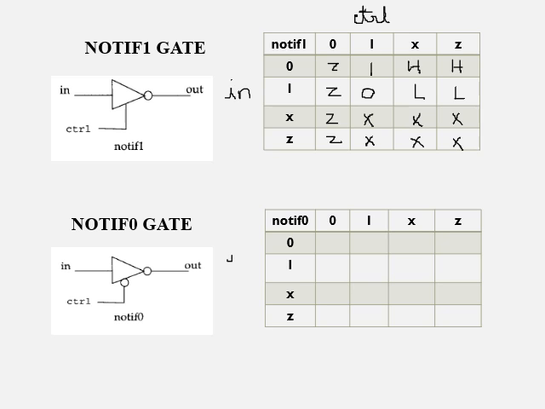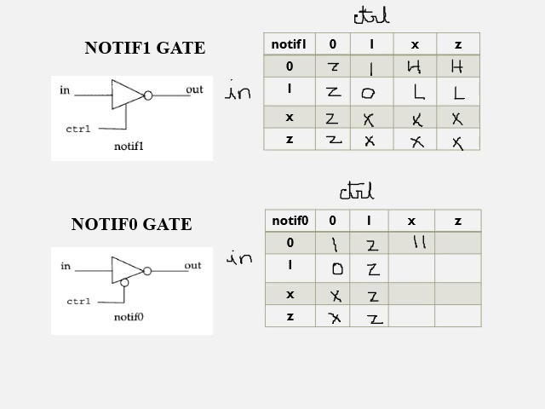For notif0, this is active when the control signal is 0. So when the control signal is 0, you will get the inverted values, and when the control signal is 1, which is the inactive value of the control signal, the output will be high impedance.